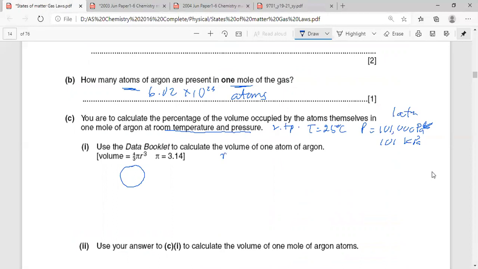So the radius of argon is 0.192 nanometers. So here's the radius.